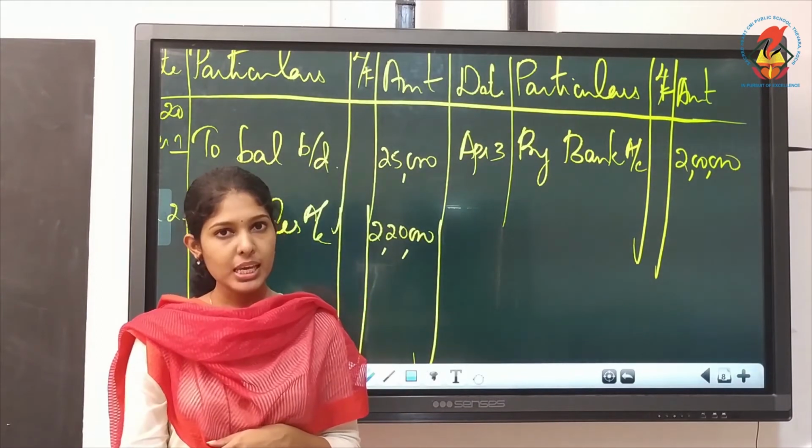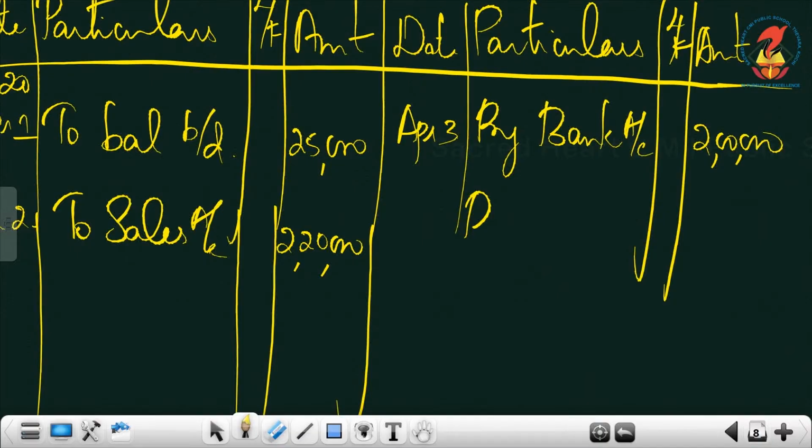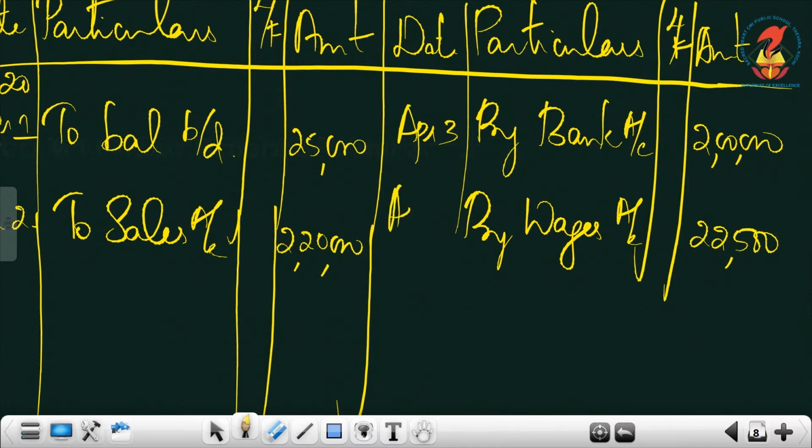Next is wages paid in cash. The journal entry is wages account debtor to cash account. That means the posting will be by wages. It is 22,500. April 4th.